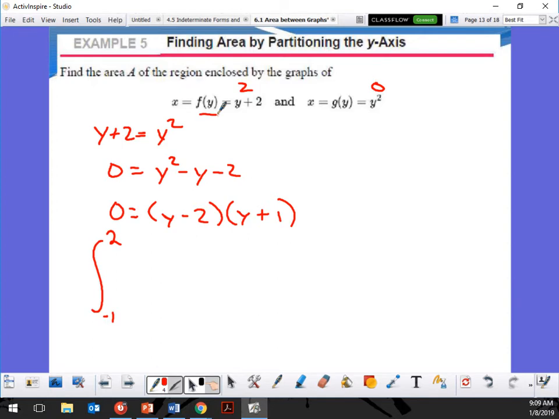Okay, so now it's going to be my y plus 2 dy minus my y squared dy.